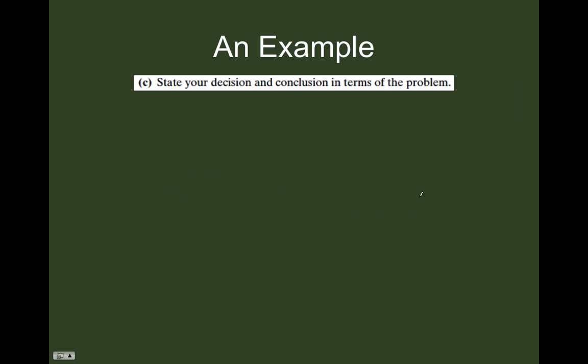Go on here and see part C. State your decision and conclusion in terms of the problem. So what we would say here is that there is no statistically significant evidence that the machine is underfilling the cans.